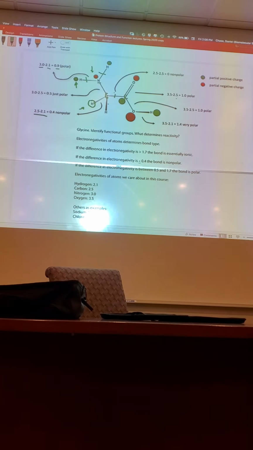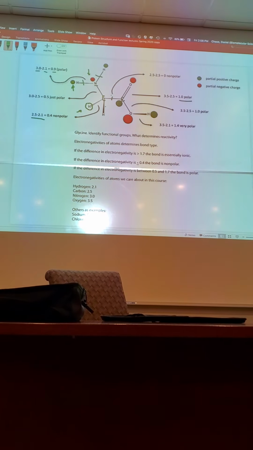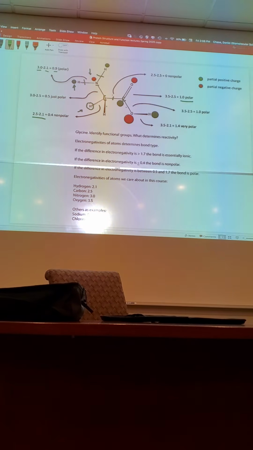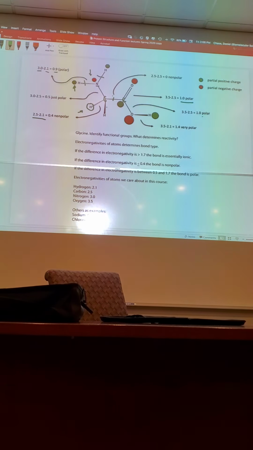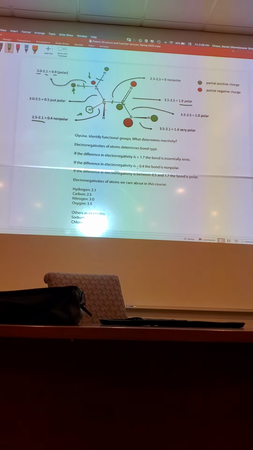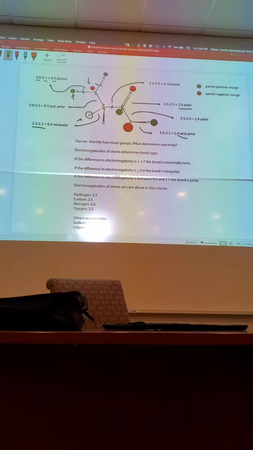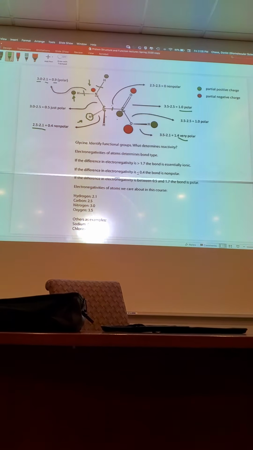Carbon-oxygen, 3.5 minus 2.5, 1, that's a polar bond, and therefore partial charges are indicated on it. Oxygen and hydrogen, we've already looked at that for water. It's still very polar, just like it was with water, and so we put circles on them.